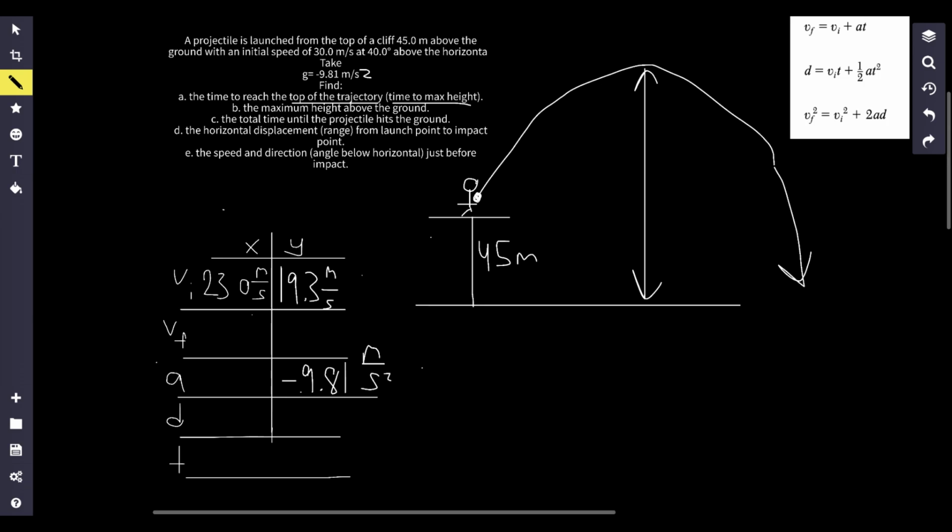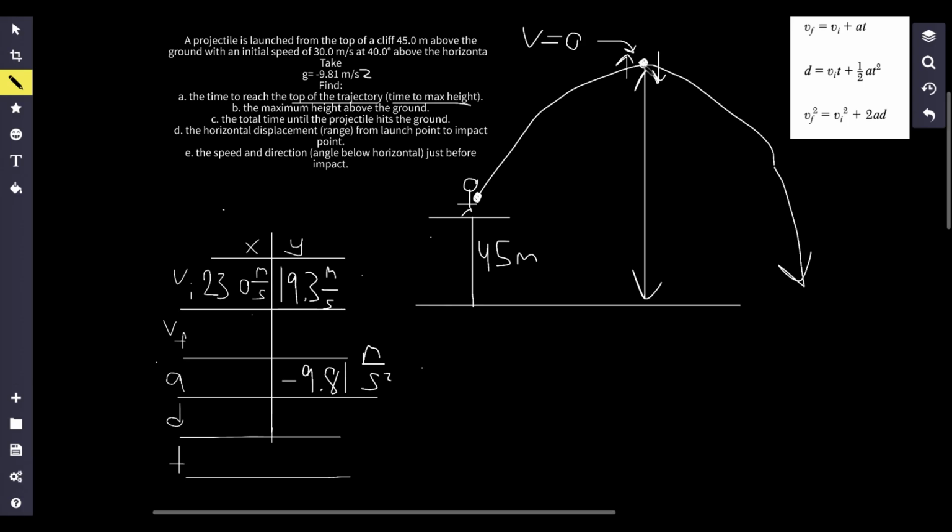Now, how do we find out the maximum height? Well, remember that very nice rule that we talked about. When your object reaches its maximum height, the vertical velocity is equal to 0, right? So at this moment in time, our velocity is going to be equal to 0 because that's when it's changing from going up to going down.